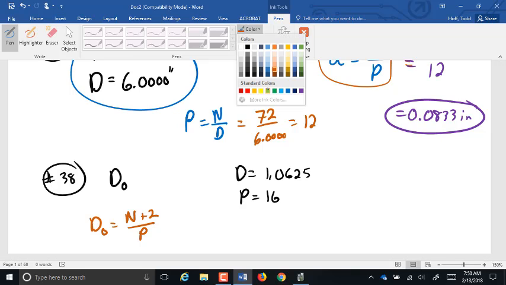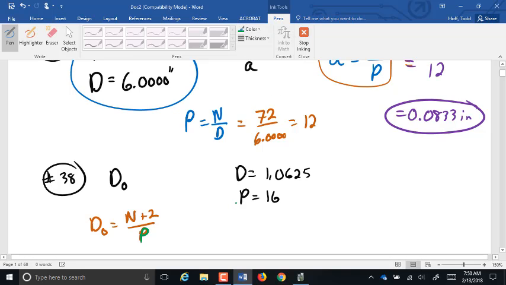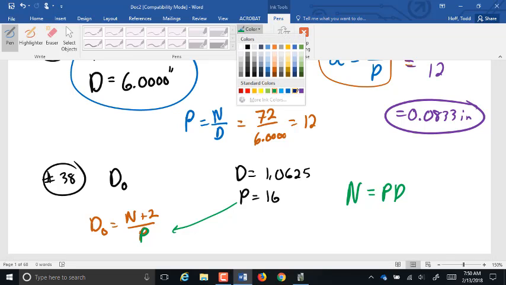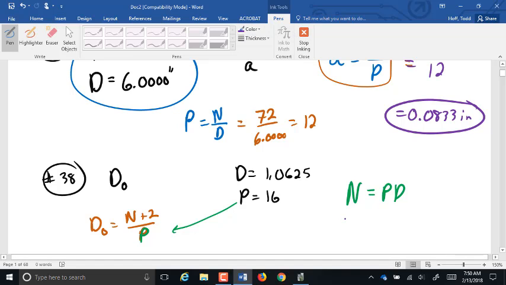We're given p. We have that part right there, right here. But we don't have n. So let's look to see if we can find the number of teeth. N we see there is just p times d. So we're going to take 16 times 1.0625. Teeth at n is 17 teeth. Is that correct?